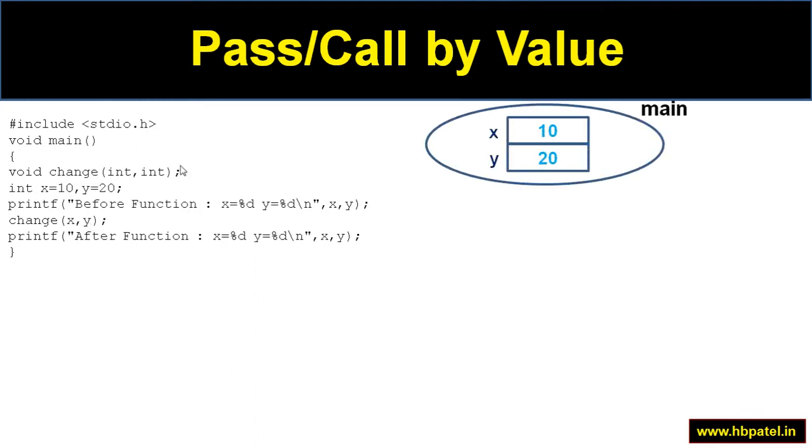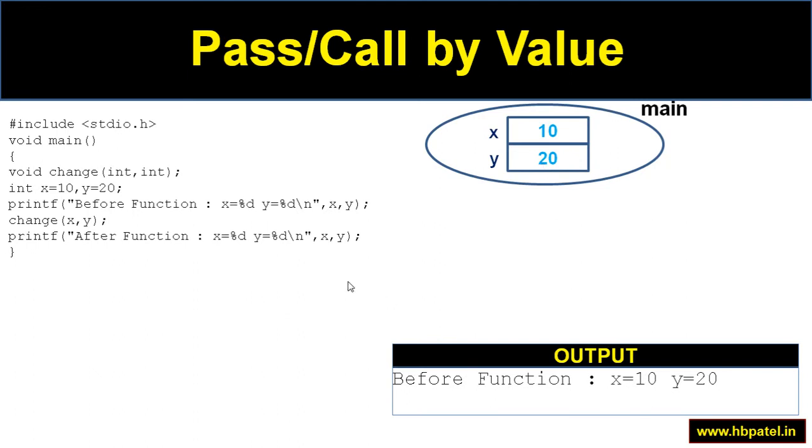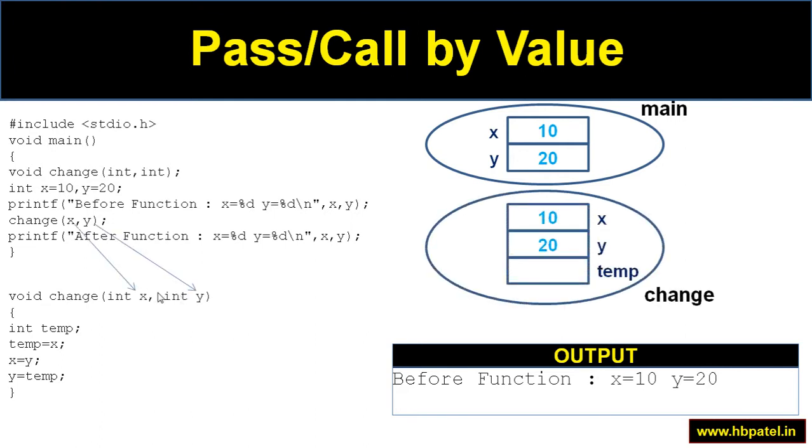So now let us try to understand. This is my main function wherein two variables are there, x and y, which are local to main, and 10 and 20 are the values. So first, before calling the function, I'll be getting x equal to 10 and y equal to 20. Now let us write the body of change. So void change(int x, int y). Now this x is copied into this x and this y is copied into this y.